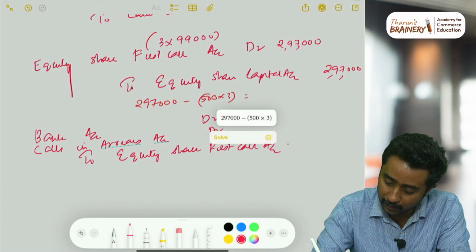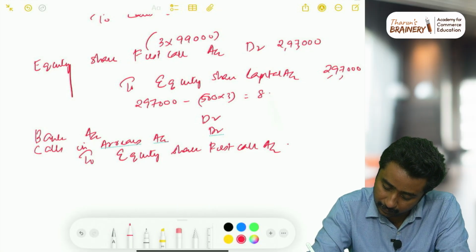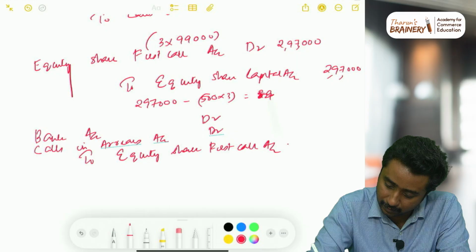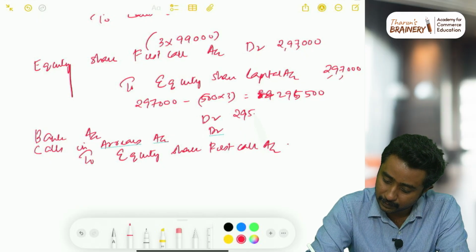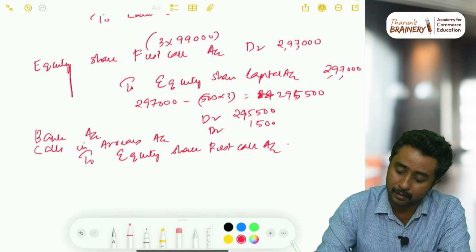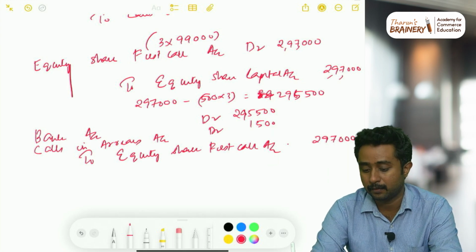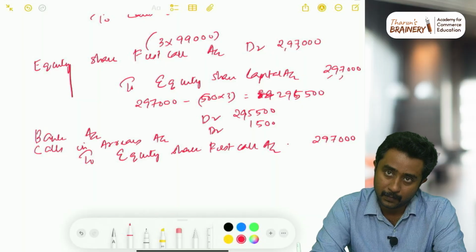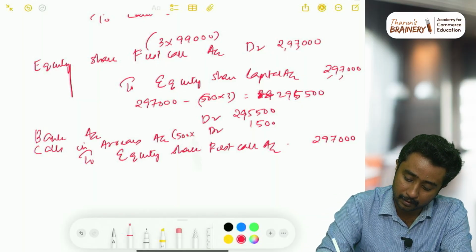So 2,95,500 only we are receiving in bank. 1,500 he is not paying. So totally 2,97,000 we can write here. Okay. Hope you are getting the concept. Here calls in arrears, 500 shares into 3.